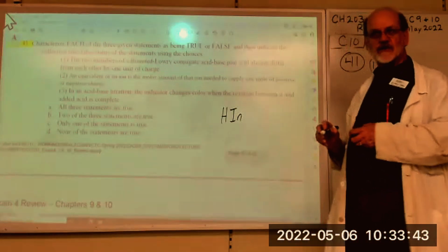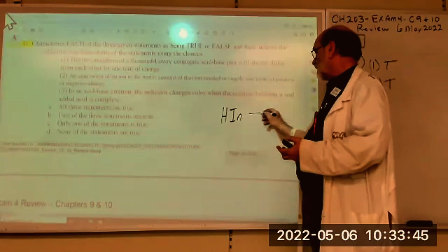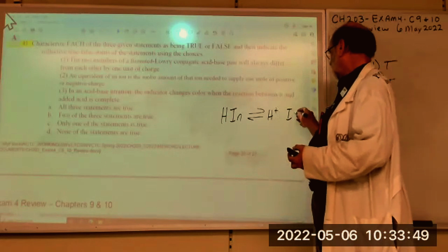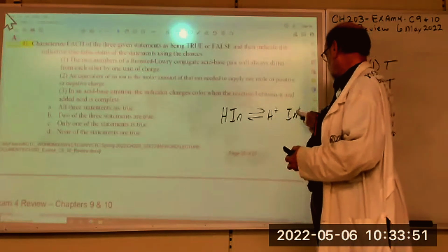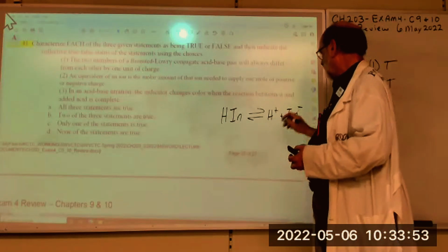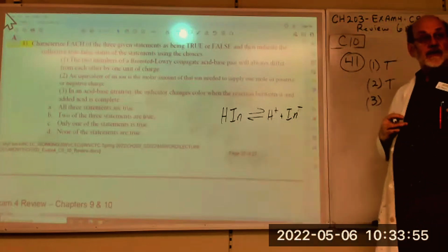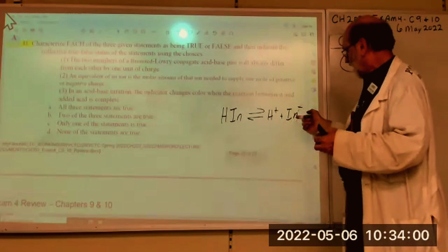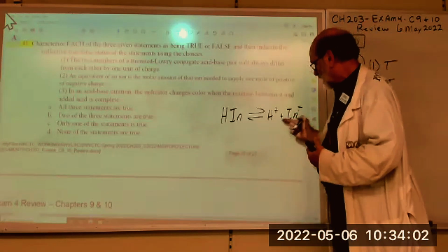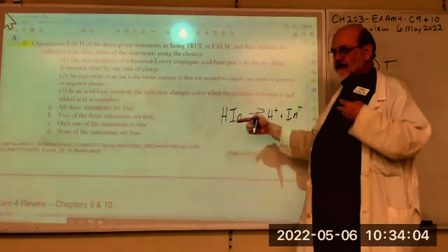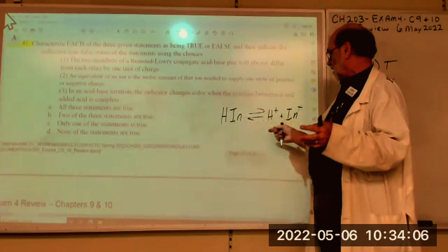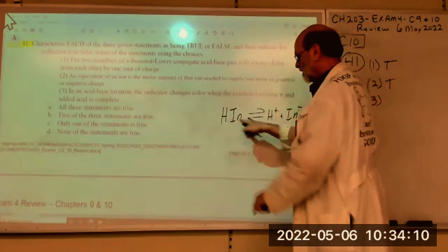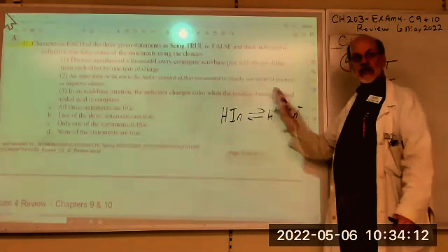The indicator is doing this kind of thing, that's usually the way we write it. It's in equilibrium also. So if you're adding hydrogen ions, then you're taking it back to this side. And at some point, the difference in this color and that color favors that color, and you see the change.